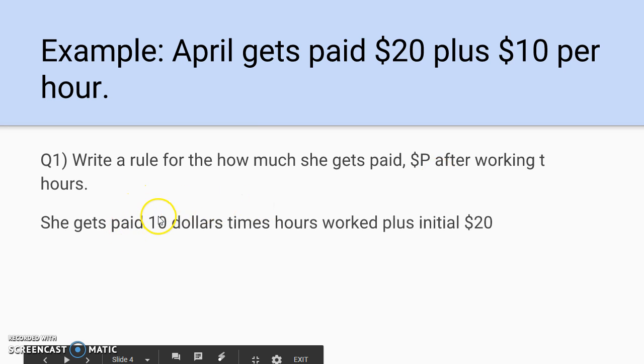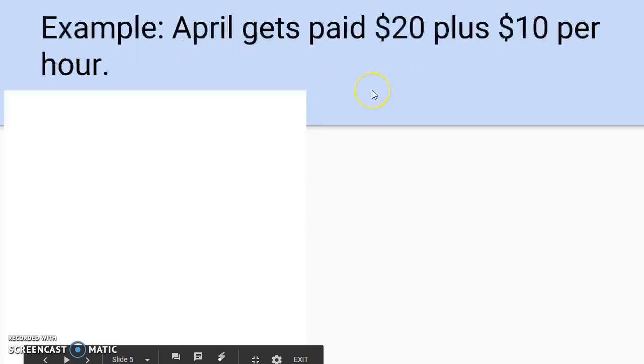We know that she gets paid $10 times how many hours she's worked, plus the initial $20. So the rule here is P equals 10T plus 20. 10T, 10 times the number of hours she works, as it's $10 per hour, and plus 20 because she gets paid $20 initially. That's question 1.